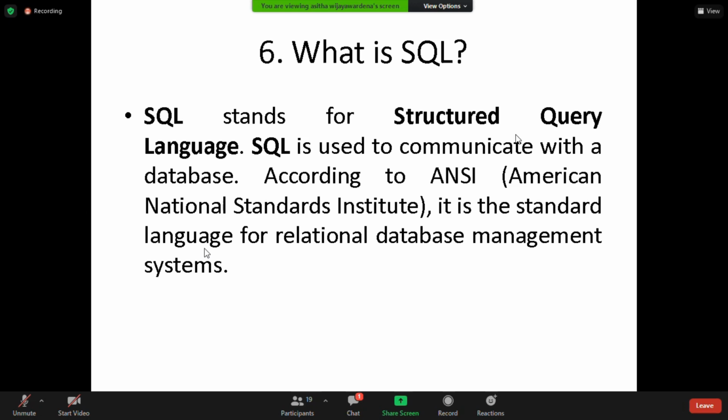But in Oracle, they use their own version called PL/SQL. In there, you can't use the direct structured query language syntaxes. Anyhow, we learned that it could be very advantageous for you. Oracle is one of the leading database management systems in the industry.